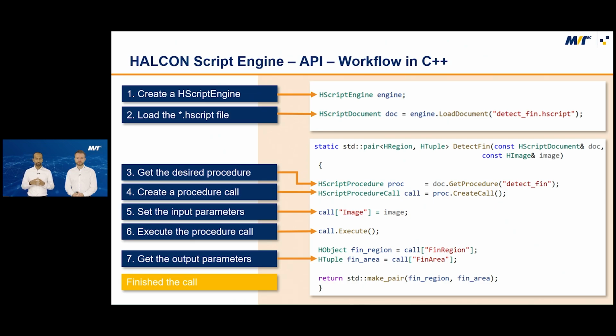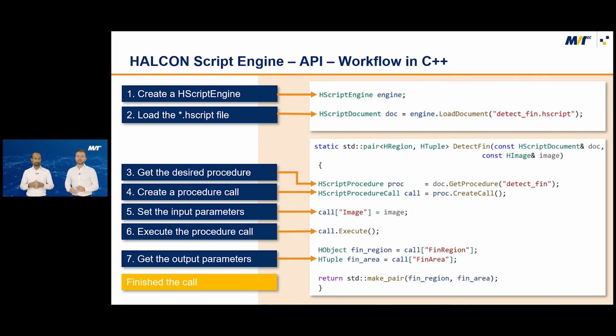For example, you can see here that setting input parameters, be it iconic or control parameters, or getting the output parameters from a procedure is much easier now. You can use this inline syntax to get and set parameters. This improves the code readability, and it's also very easy for programmers to program and use the HScript engine.